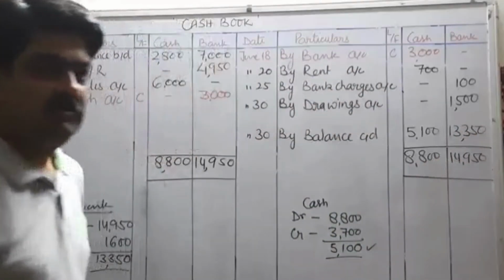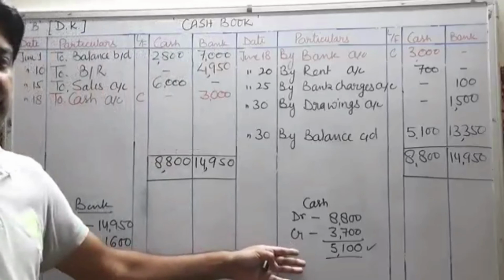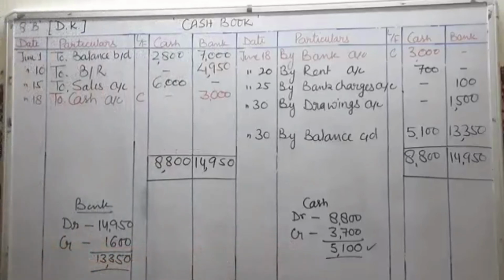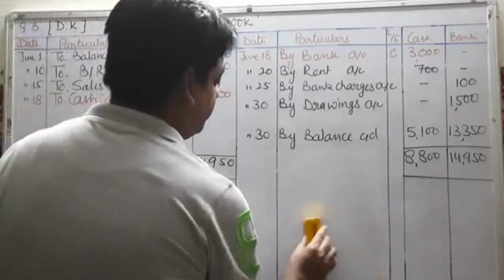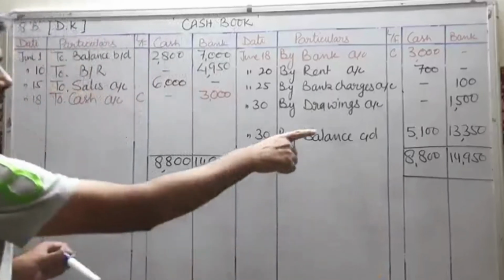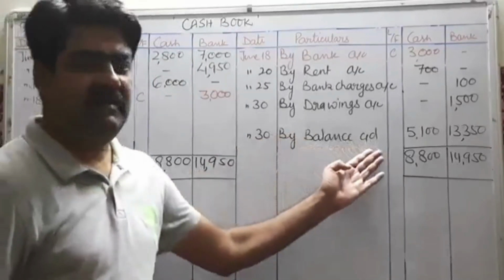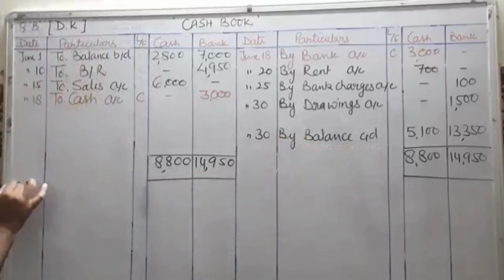So now you can see how we will calculate closing balance of cash as well as closing balance of bank. But after writing, my dear students, after writing closing balance on closing date, we will transfer these closing balances on next month, and next month is July 1.